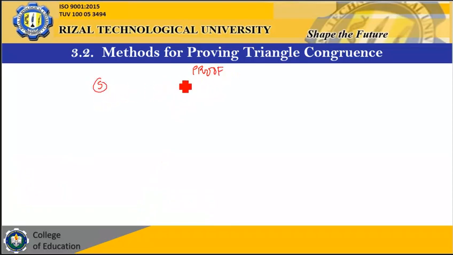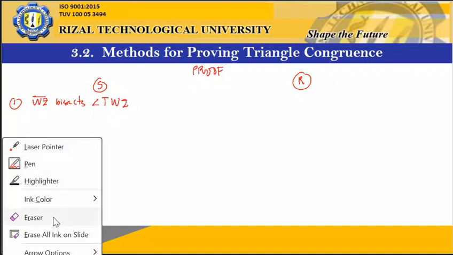Now our statements and our reasons. For number one, again, it's given: ray WZ bisects angle TWV.